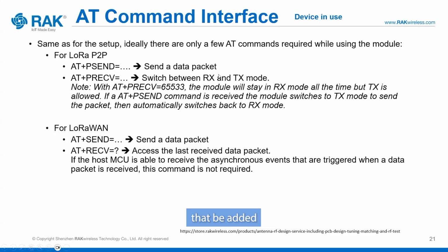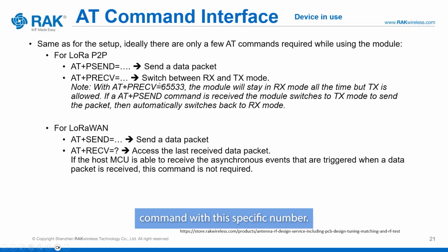One special thing that we added is the AT+PRECV command with this specific number. This is coming from a customer request because in the early stages with the AT command, you could either have the module in receive mode, and every time you wanted to send a packet, you had to stop the receive mode, send your packet, and go back to receive mode.